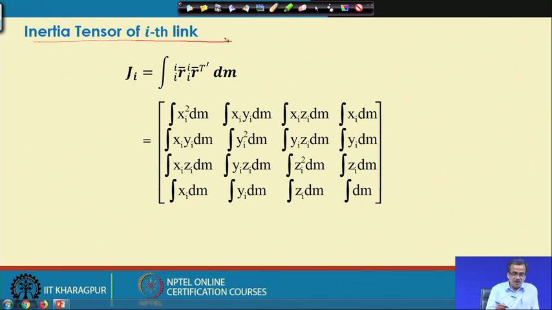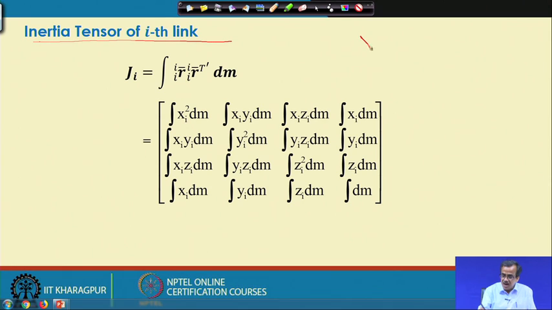And for this particular ith link, the moment of inertia is denoted by J I, that is the integration of r I with respect to I multiplied by r I with respect to I transpose d m. So, here you will have to find out this particular tensor. Now, let us see how to find out this particular tensor.